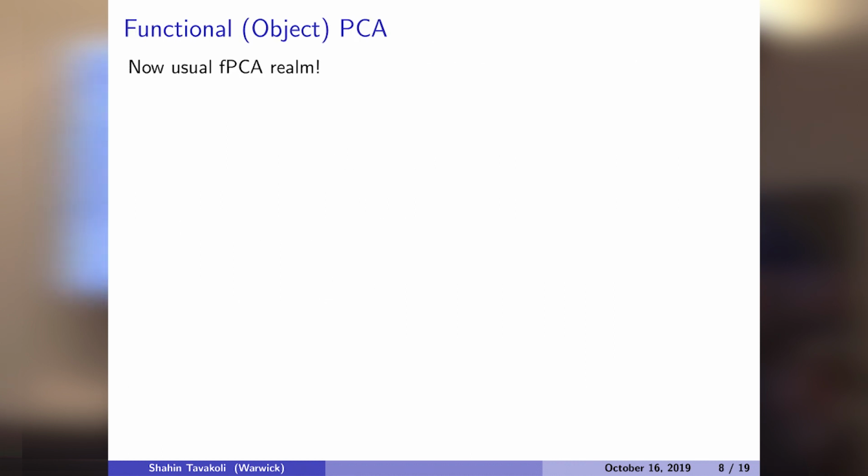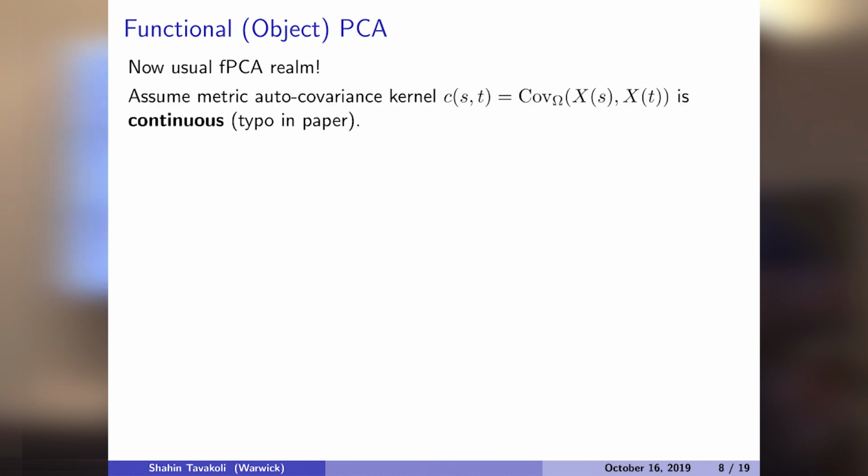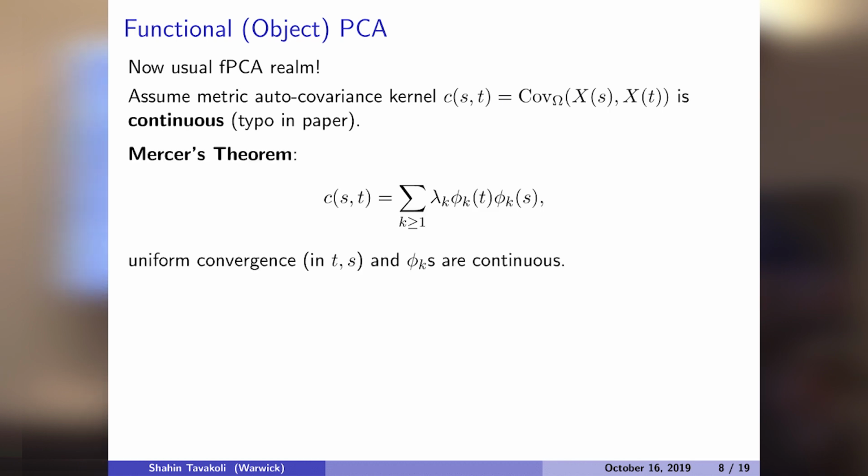So now you can just do the usual PCA ideas. What are the PCA ideas? You assume that the autocovariance kernel is continuous, which is not made precise in the paper, but you need continuity. And now you have a decomposition of this kernel in terms of eigenfunctions and eigenvalues.